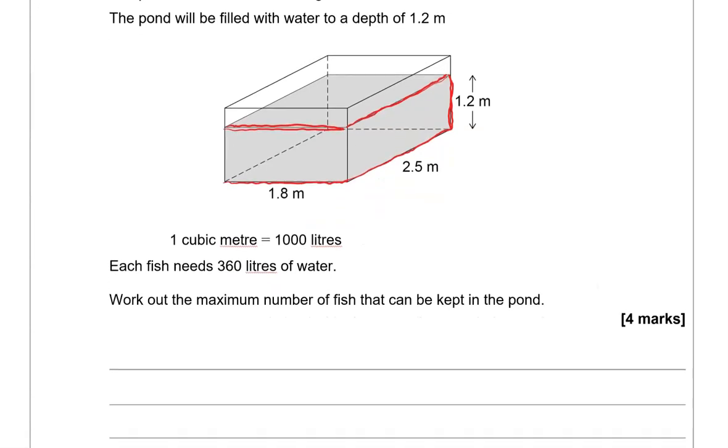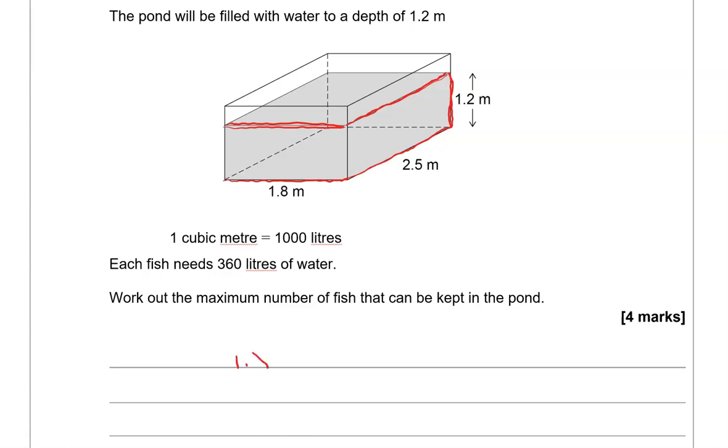So if we just do 1.8 times 2.5 times 1.2, which is 5.4 cubic meters.